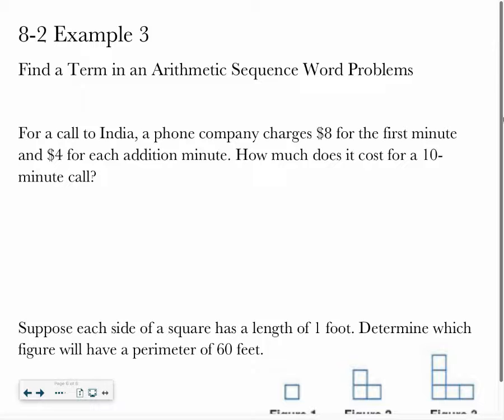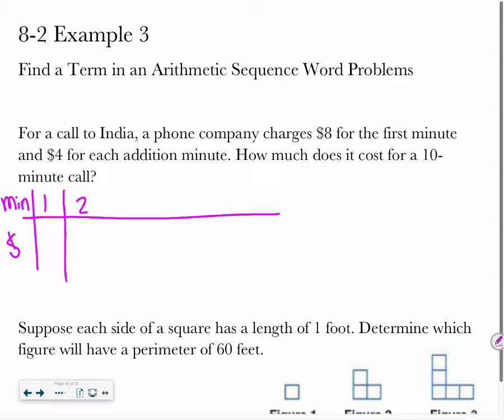For a call to India, a phone company charges $8 for the first minute and $4 for each additional minute. How much does it cost for a 10-minute phone call? So there are a couple of options. We can go through and say 1 minute, 2 minutes, and then talk about the cost.